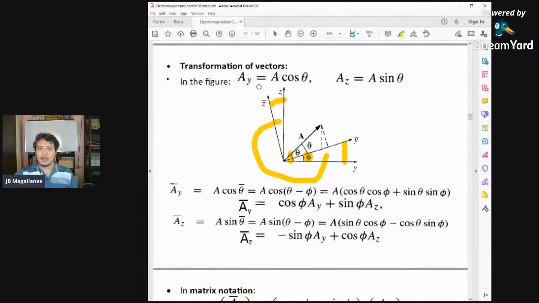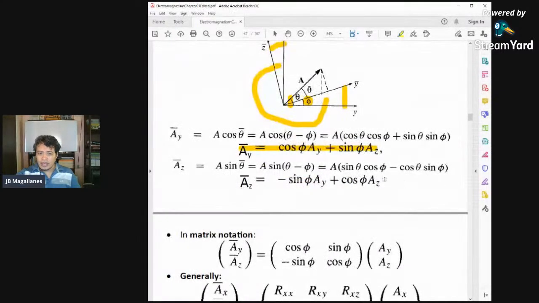So your AY, A cosine theta, becomes AY bar in the new coordinate system, that's A cosine theta bar. You can expand this by using some trigonometric identities, and you eventually get this expression.